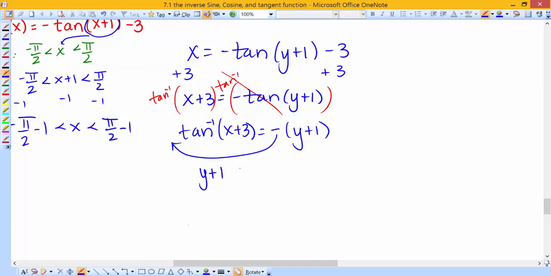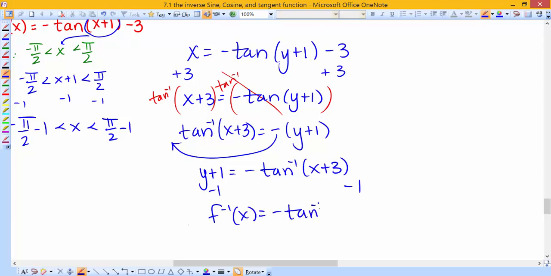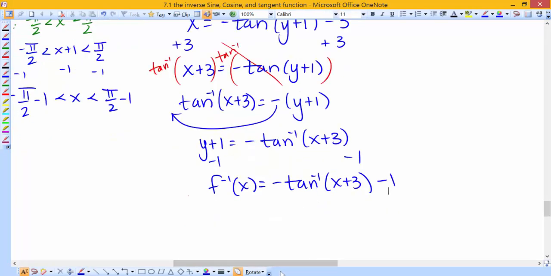So y plus 1 is going to equal negative tangent inverse of x plus 3. Now I'm going to move the 1. So now I'm going to subtract 1. So y, or f inverse of x, equals negative tangent inverse of x plus 3 minus 1. There's your inverse.